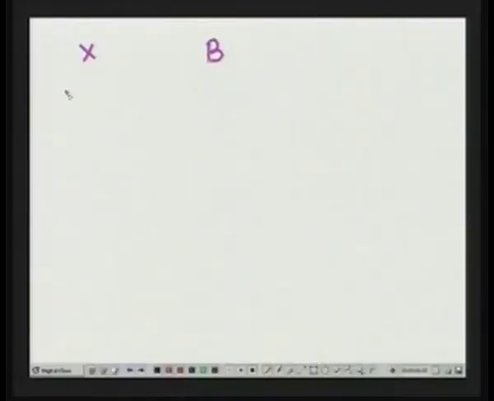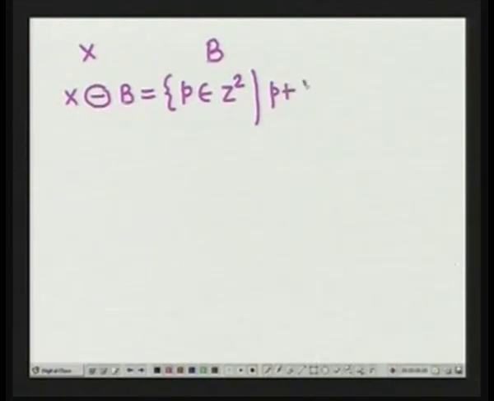And the erosion of the point set X with the structuring element capital B can be defined, as per our first definition, as the set of points, say P, belonging to our 2-dimensional space, say Z square, where P plus B belongs to X for every B belonging to the structuring element capital B. So, this is our first definition of the erosion operation.